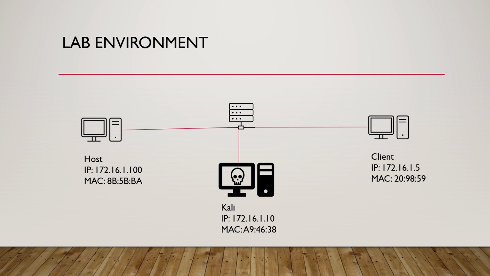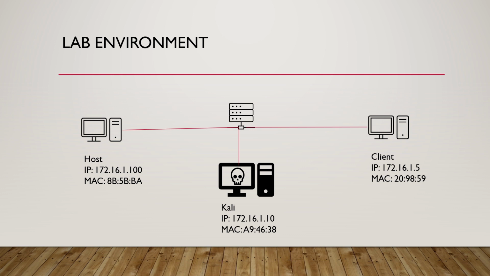That client's MAC address ends 209859. Now, we're going to have a Kali Linux box perform an ARP spoofing or poisoning attack. And it's going to target both the host and client computer so that all traffic between these two machines will go through the Kali Linux box.